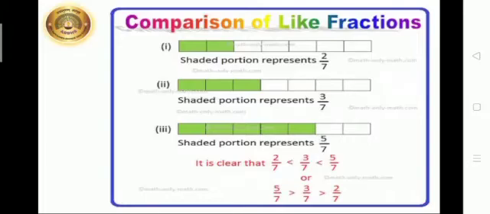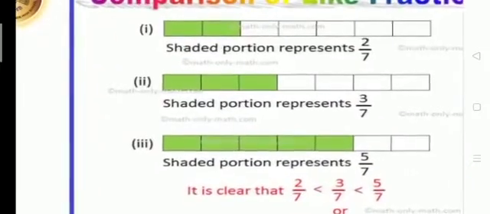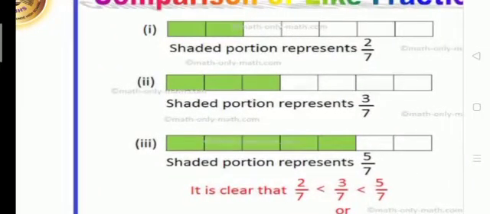In the first strip, 2 parts out of 7 are shaded. So the fraction of the shaded parts is 2 by 7, where 7 is the total number of parts and 2 is the number of shaded parts.